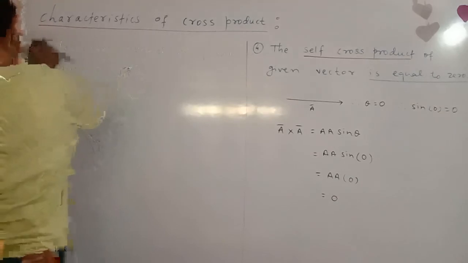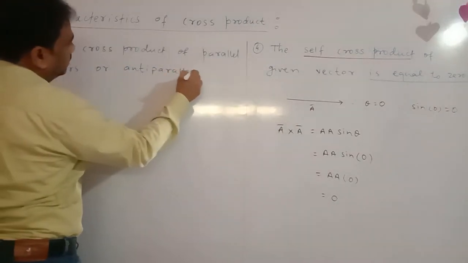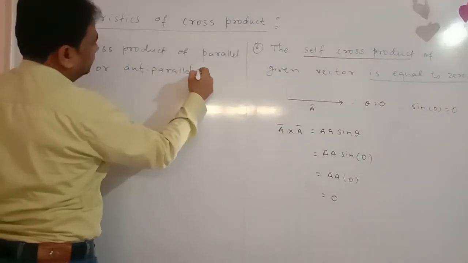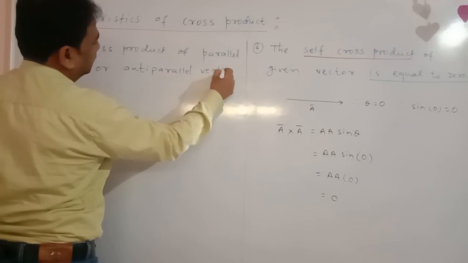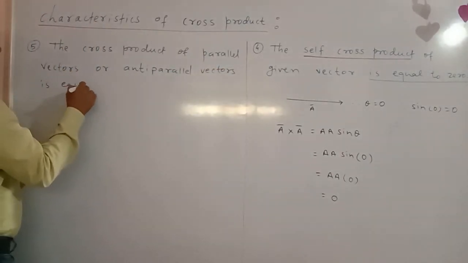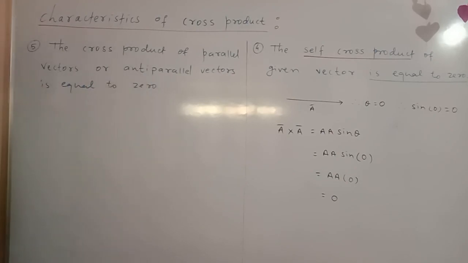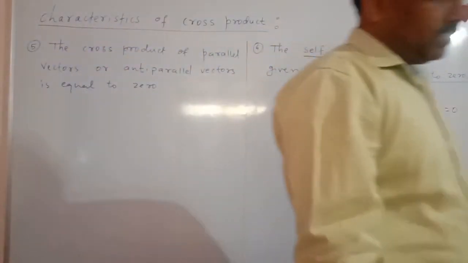The cross product of parallel or anti-parallel vectors is equal to 0. So this is also a most important characteristic of the cross product.